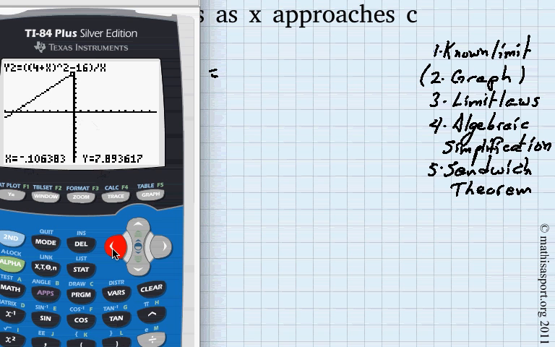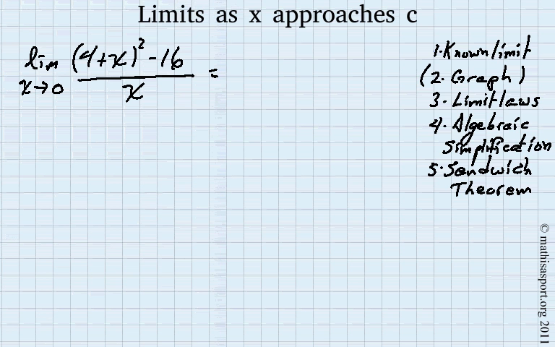Now we're into x negative, and we've got 7.89. So something between 7.89 and 8.1 is our hoped for answer. It would certainly make our life simple if it was an 8, but that's not ours to say. We just have to follow where the limit laws and algebraic simplification take us.